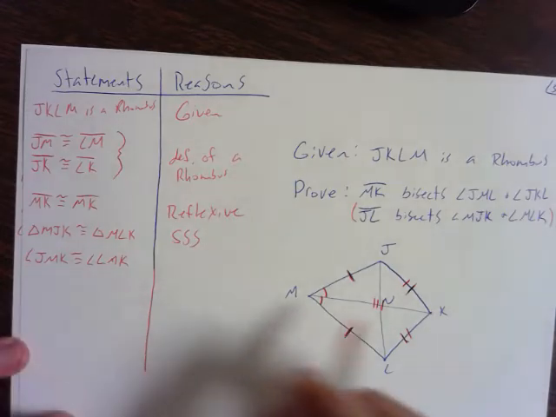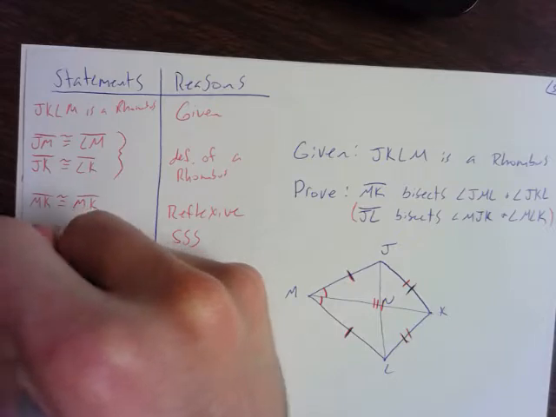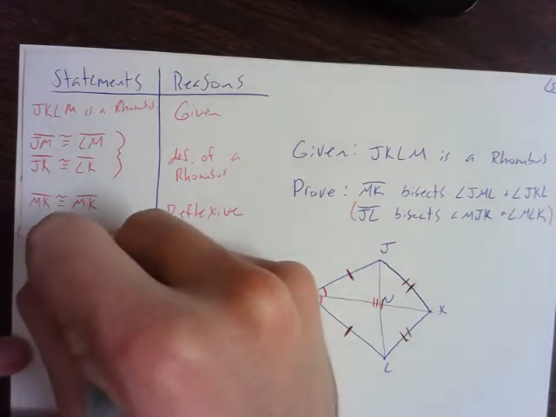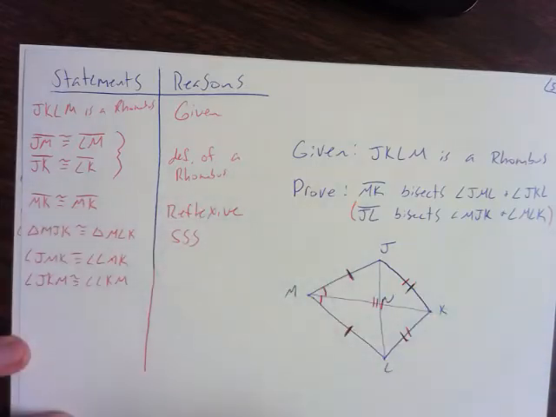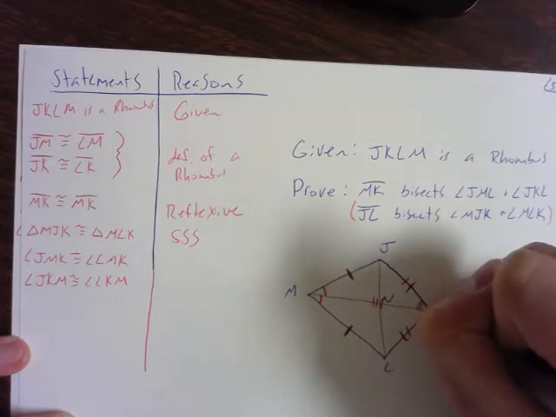And I can also say that angle JKM is congruent to angle LKM. So that would be JKM over here, do my double and my LKM.